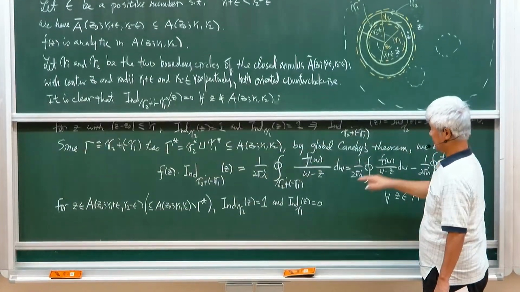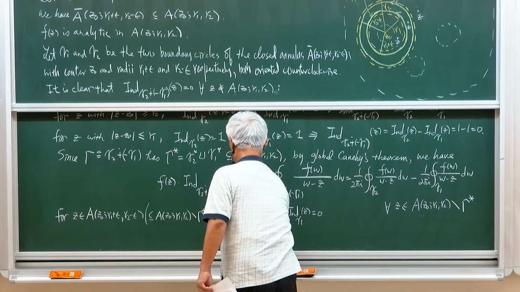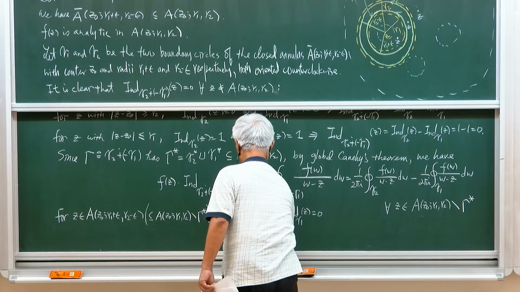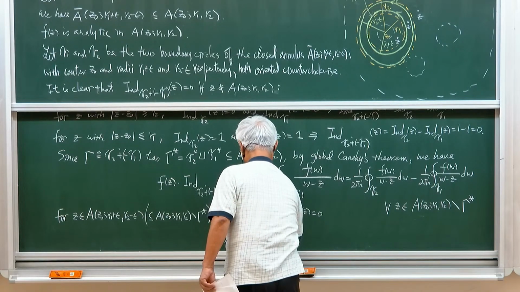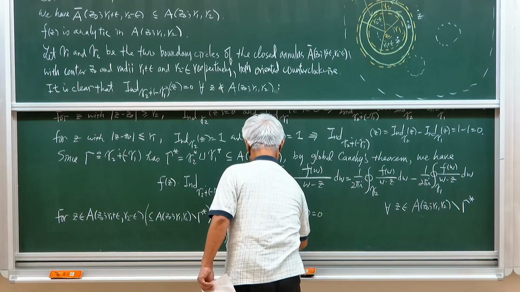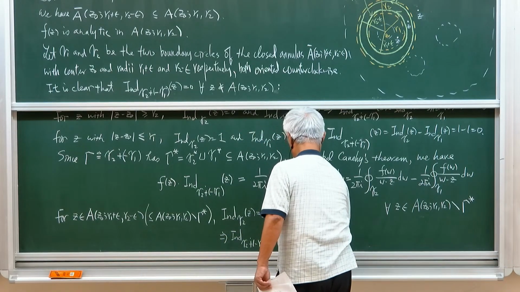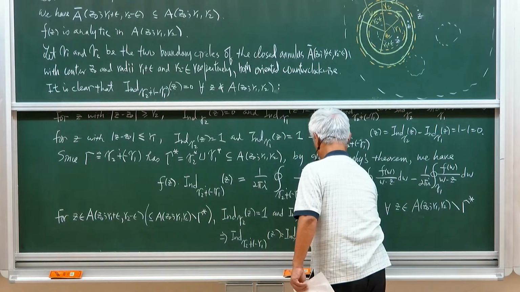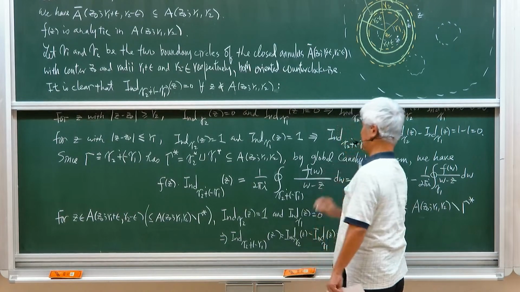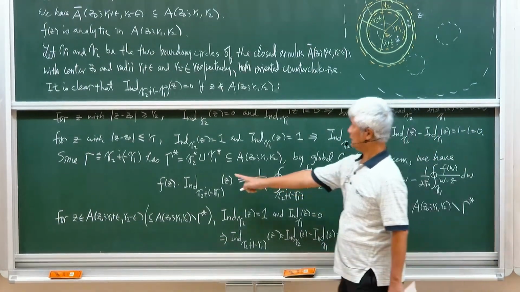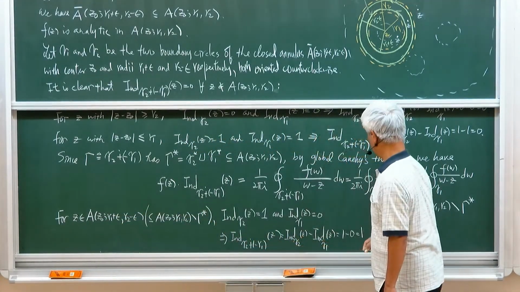Which implies that the index of the bigger gamma, which is gamma 2 plus minus gamma 1, at z is equal to the index of gamma 2 of z minus the index of gamma 1 of z. So it's 1 minus 0, which is equal to 1. So we know this when z is in this green open annulus.